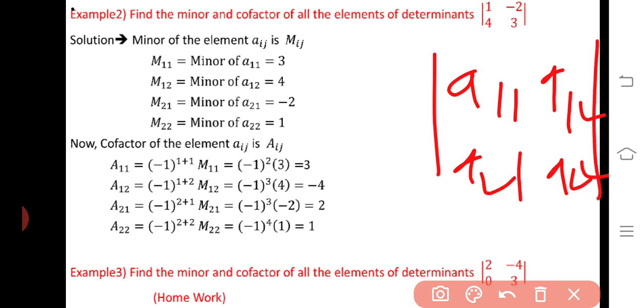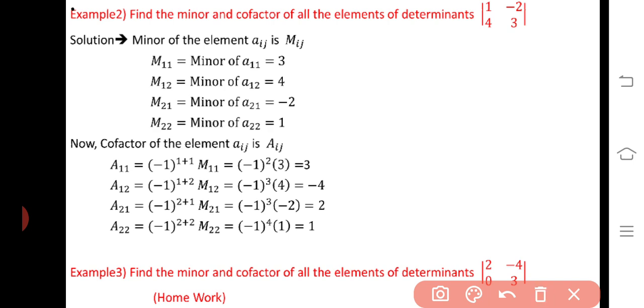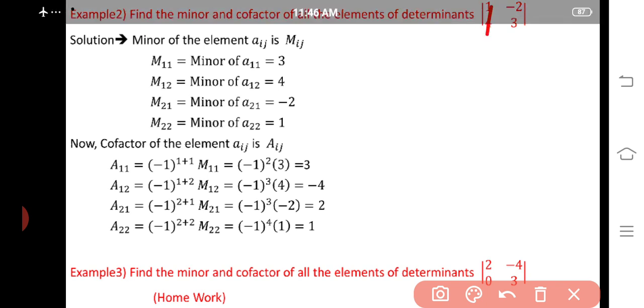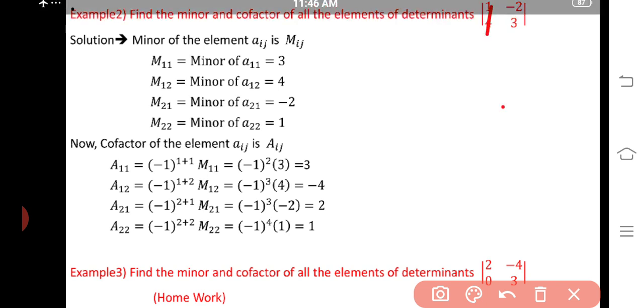To find the minor of the first element a11, you have to delete the first row and first column.